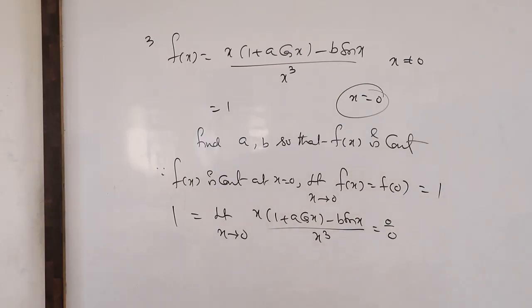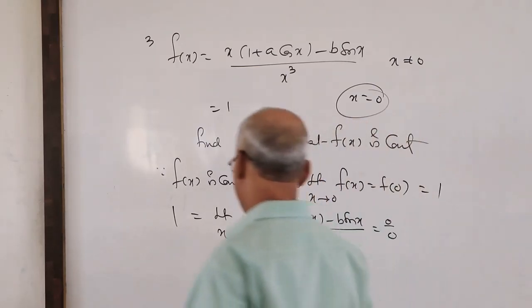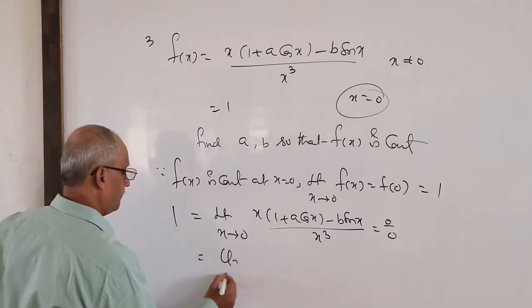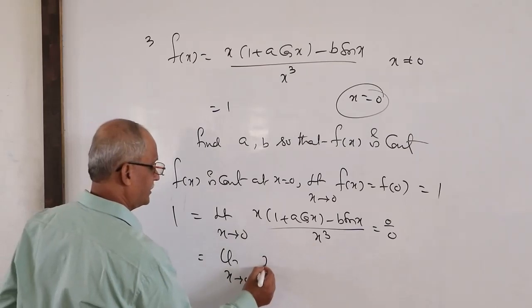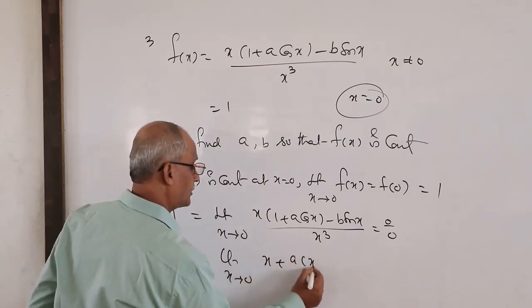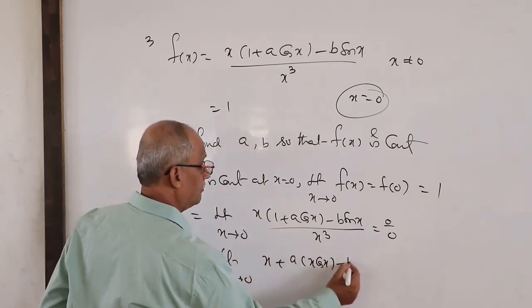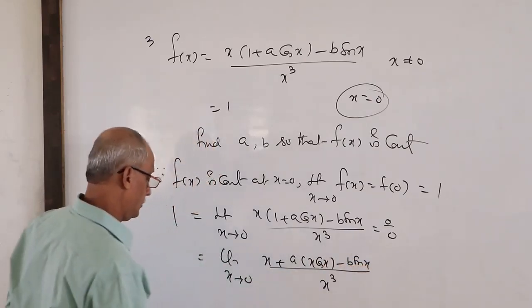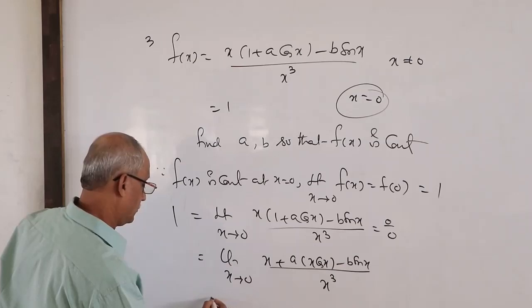Apply L'Hopital's rule. Means differentiation. Here, what is the first term? Actually, x, a into x cos x, b sin x by x cube. Now you see, what is its derivative?